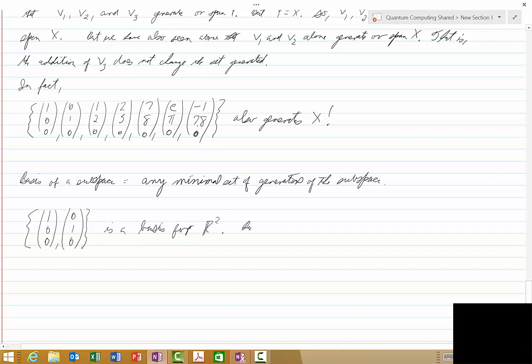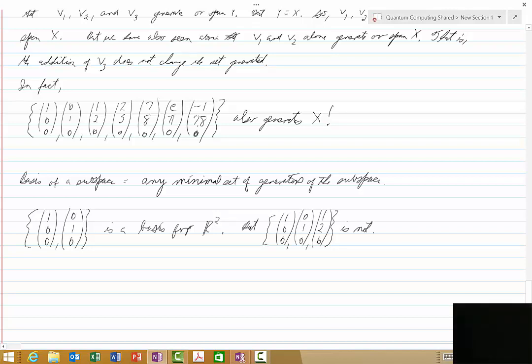But 1 0 0, 0 1 0, 1 2 0 is not. This set does generate all of R2, as we saw above. But it's not minimal, because as we have already also saw, these two vectors alone generate all of R2.